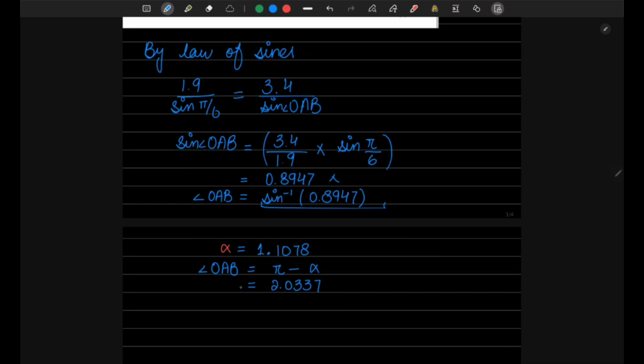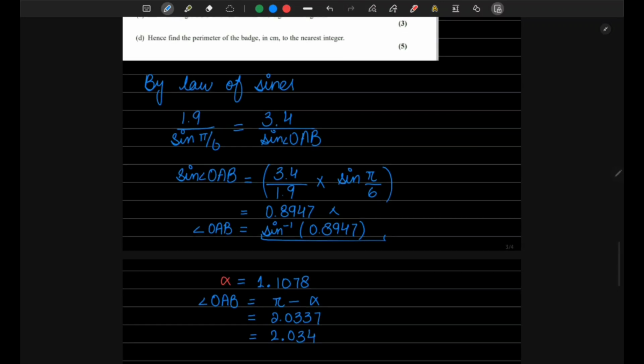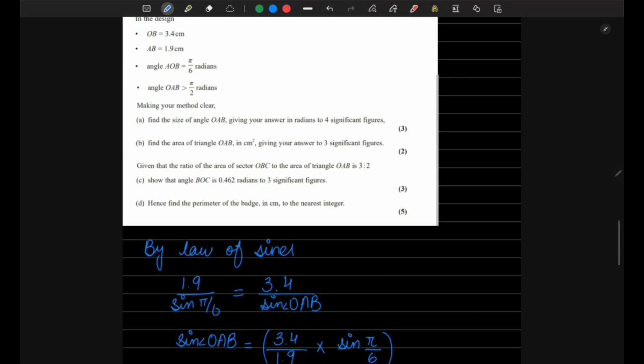We need up to 4 significant figures rounded off, so it will become 2.034. Yeah, that's your final answer for part A.